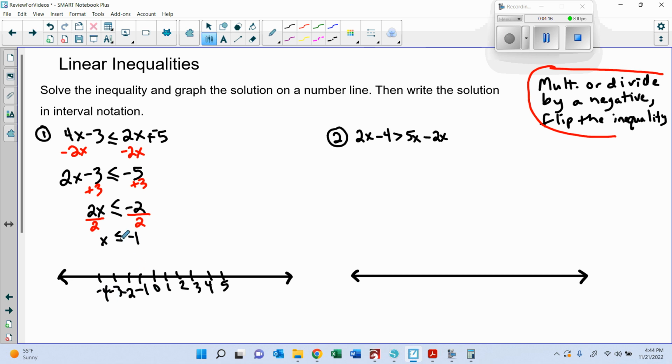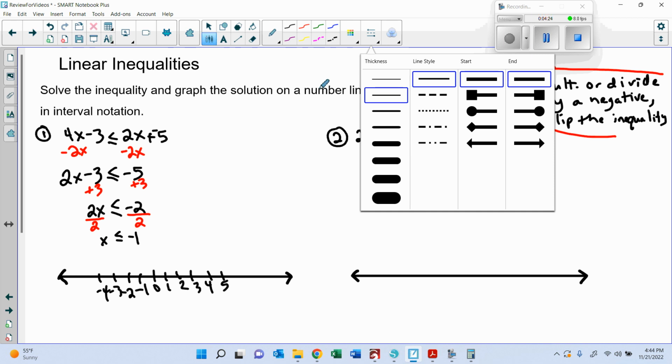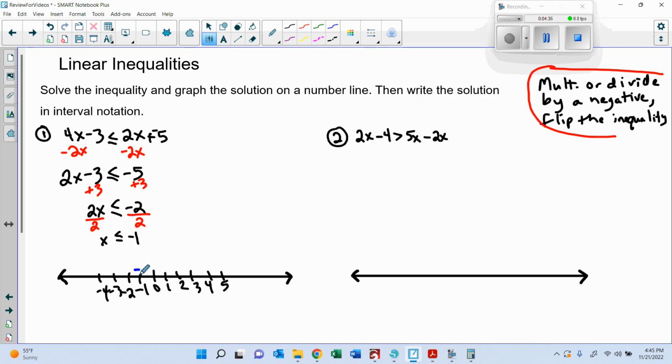So I'm going to graph x is less than or equal to negative 1. The or equal to part is what tells us that negative 1 is included. It says x is less than, so I'm going to shade to the left. So included, remember, is a bracket.